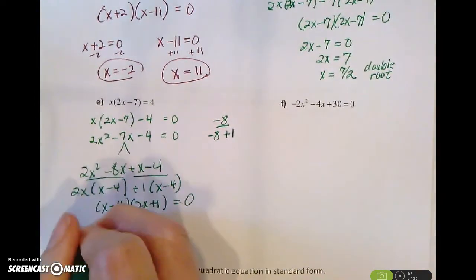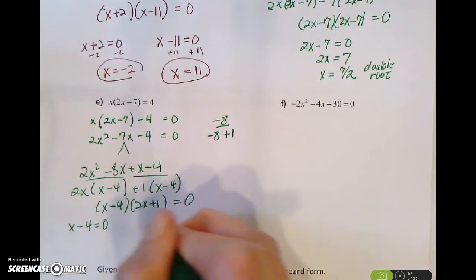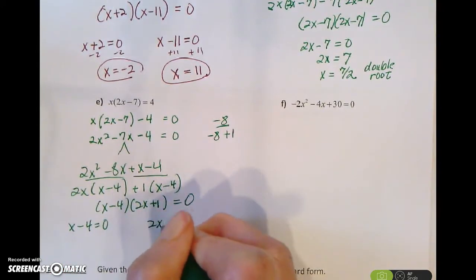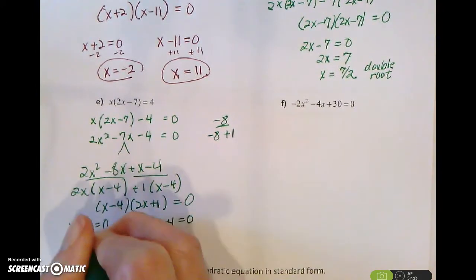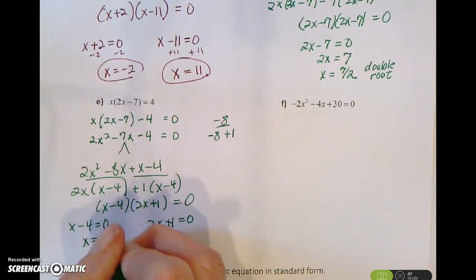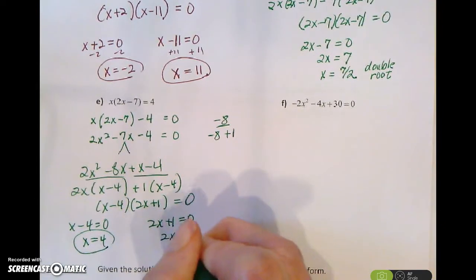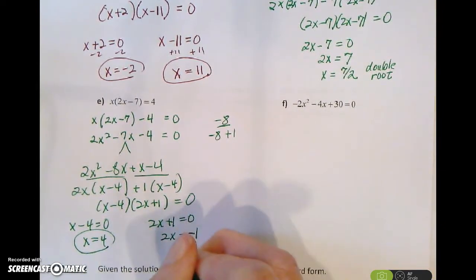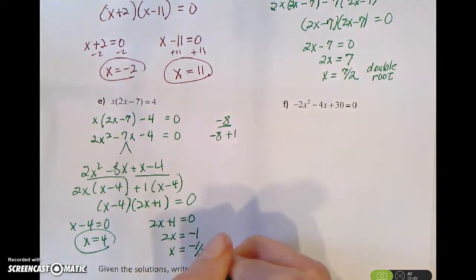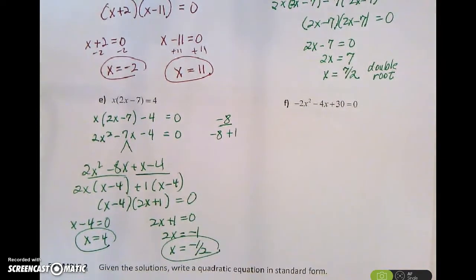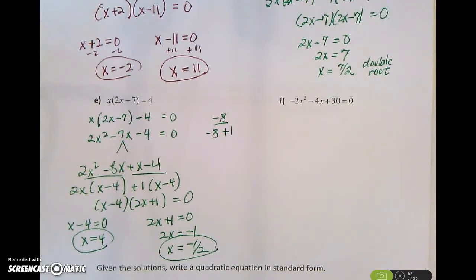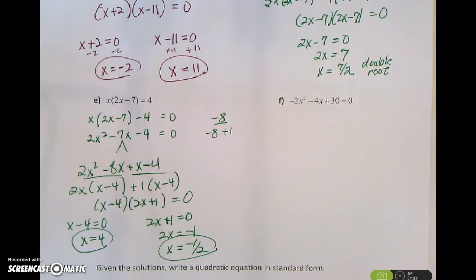We're going to take each factor and set it equal to 0. So x minus 4 is 0, and 2x plus 1 is 0. Add 4 to both sides, I get 4. Subtract 1, and divide by 2. And I get those two answers for my final solutions.